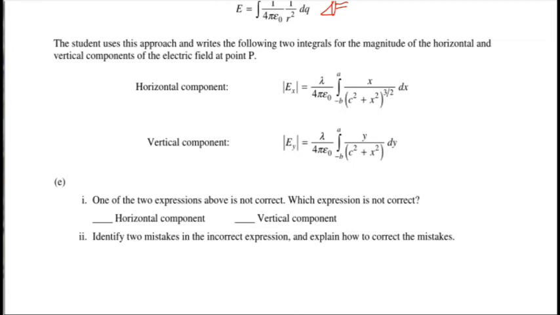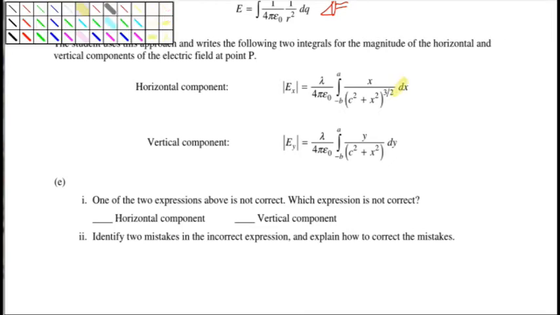Now, the charge is distributed along the x direction. And so we see that the horizontal component here has this dx that's here, but the vertical component has some dy, and this just doesn't make sense. We're not integrating over y, we're integrating over x. So that tells us that the vertical component is wrong just right off the bat. We don't need to get into a whole lot.